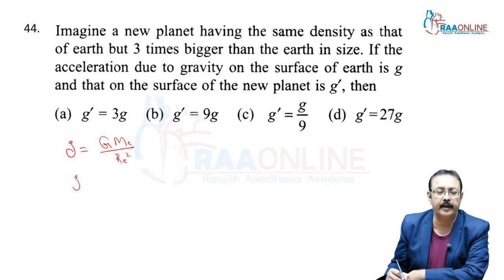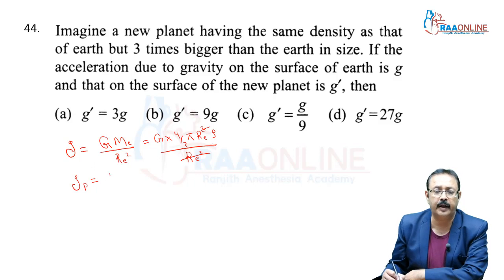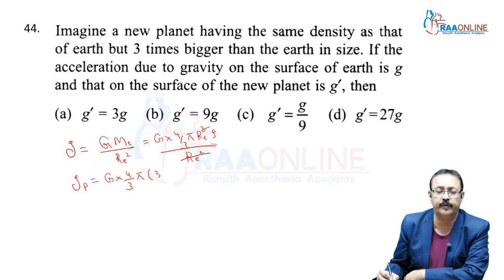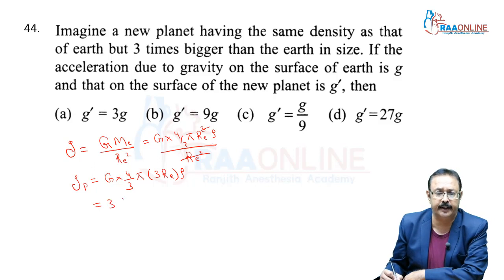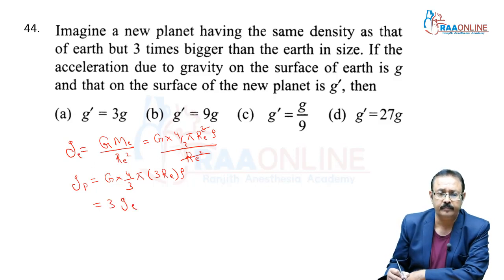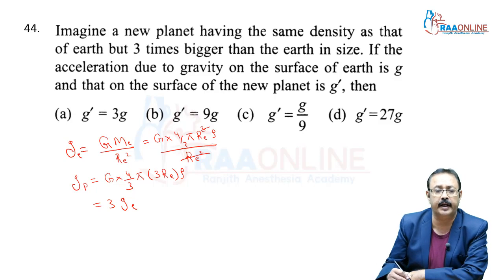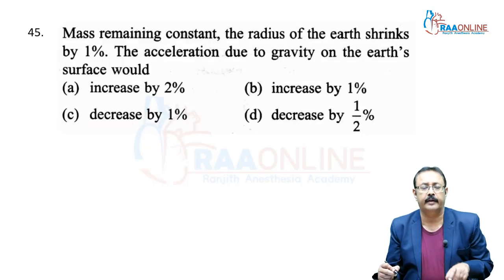In terms of density, M is 4 upon 3 pi r cube into density, so g is 4 upon 3 pi r G rho, cancelling one r. That is for Earth. For that planet, 4 upon 3 pi is the same, the size is 3 times so we put 3r, and the density is the same. So it should be 3 times the value on Earth. So g dash should be equal to 3 times g. So we are going with A.